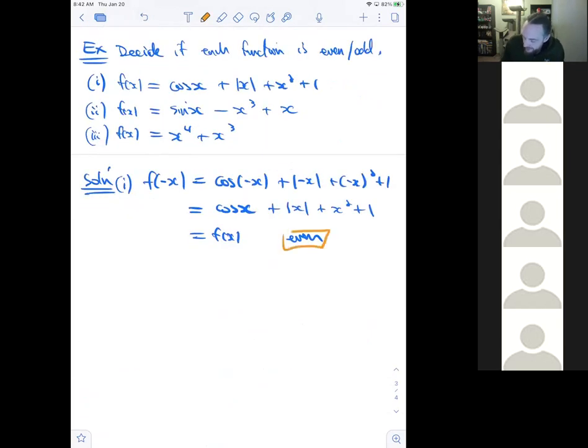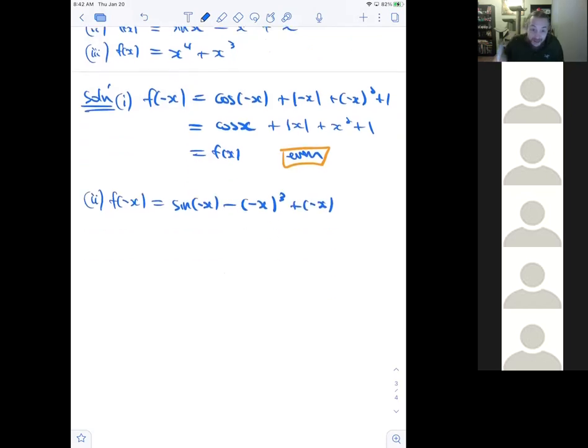We have an even function. In the second case, f of negative x is equal to sine of negative x minus negative x cubed plus negative x. This time I can spit a negative out in each one. This is negative sine x. This is negative x cubed.